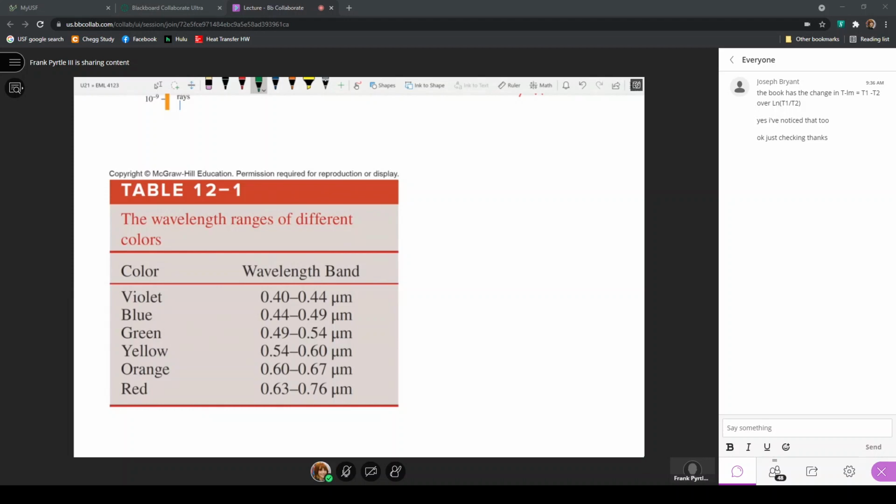Now, when we consider radiation, these colors are defined according to these wavelength bands or ranges, and only if a surface can emit enough energy in these bands will we actually see them.